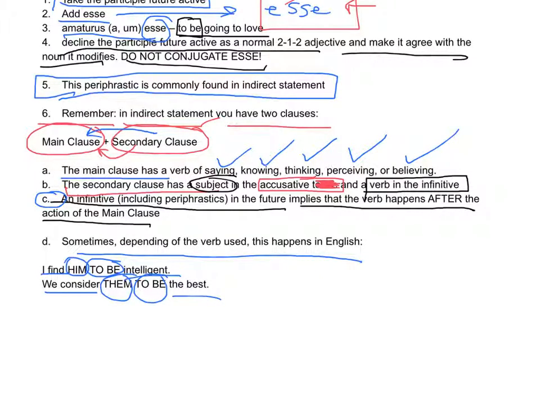So sometimes English actually does this same structure. After a verb of saying, knowing, or thinking, for example, I find, or we consider, some verbs in English are followed by an accusative subject, him instead of he, them instead of they, and an infinitive verb, to be. It does actually happen in English, this structure, but it's not regular.